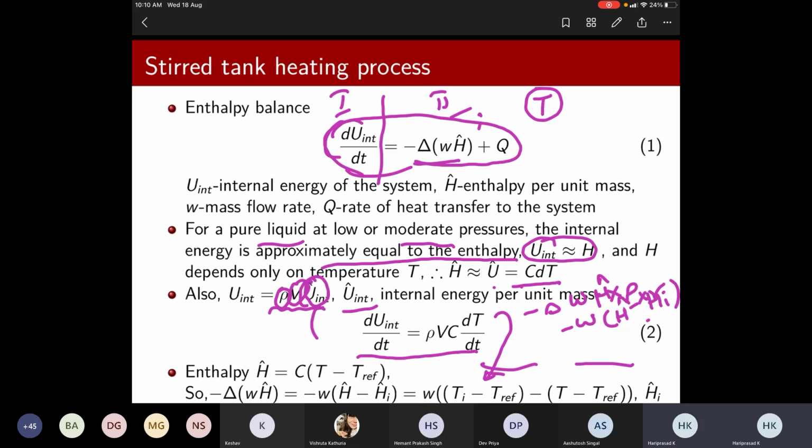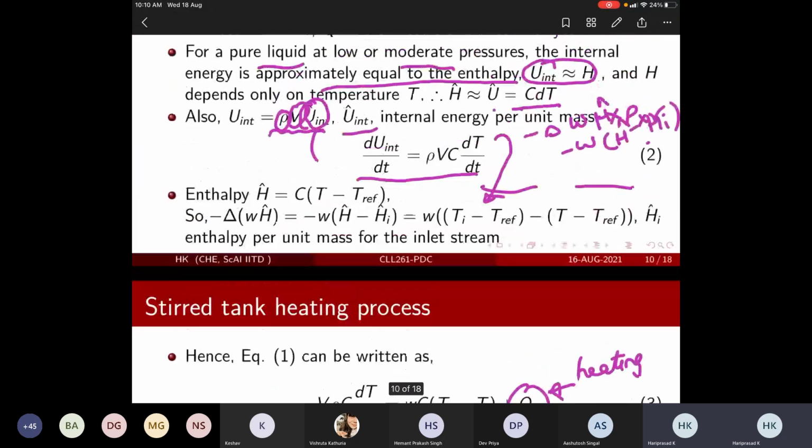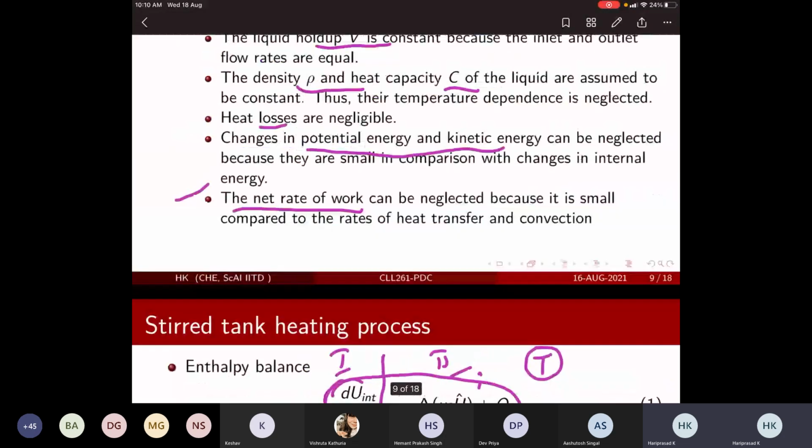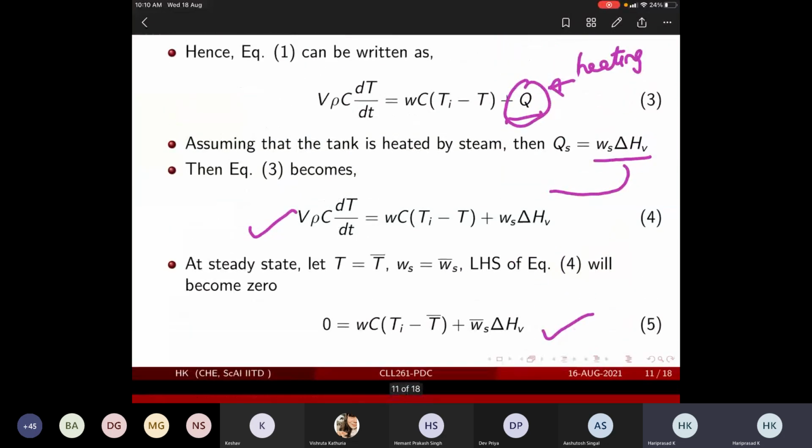Okay, so let me scroll down. So we were at this point. Are equations 3 and 4 all clear to you? Yes, sir.